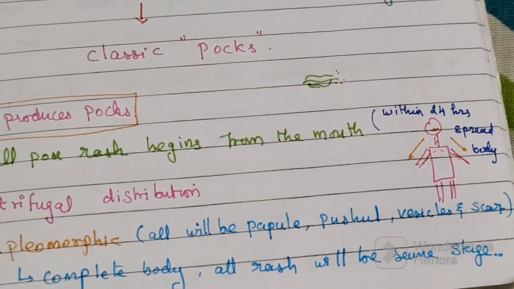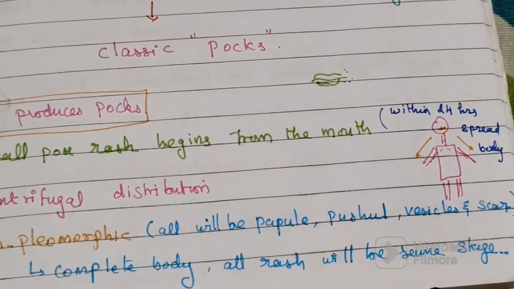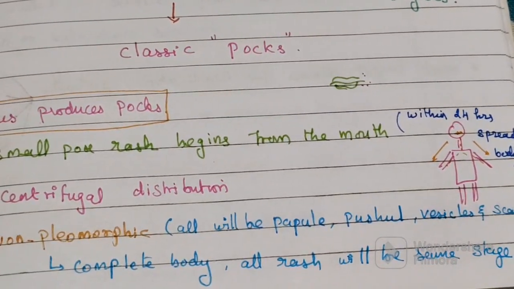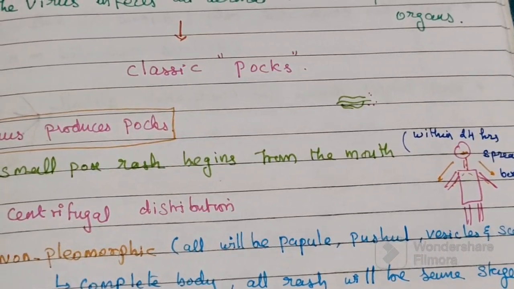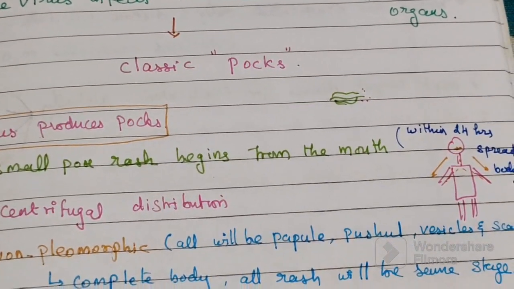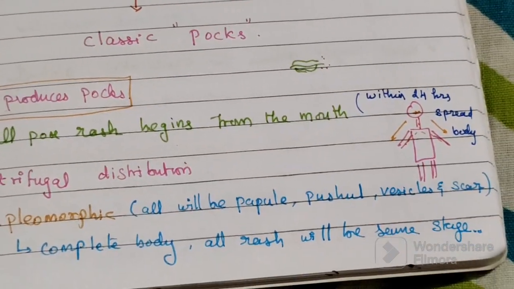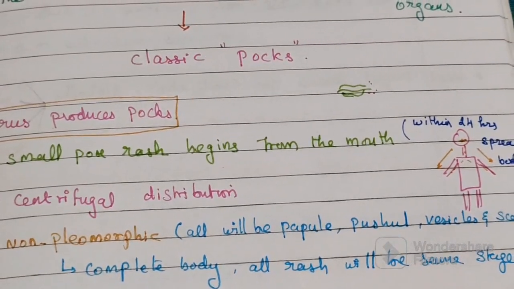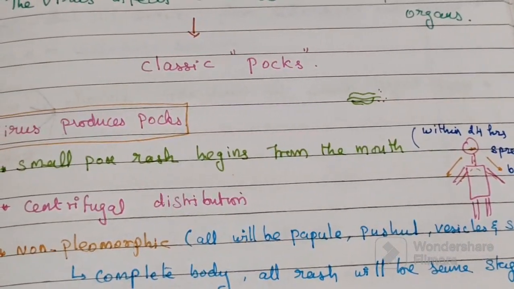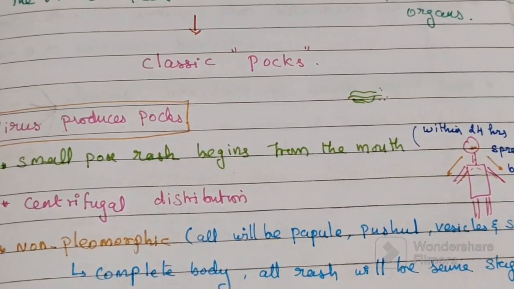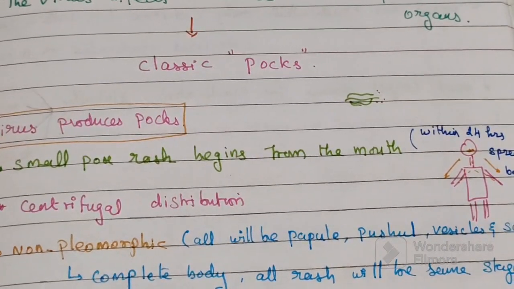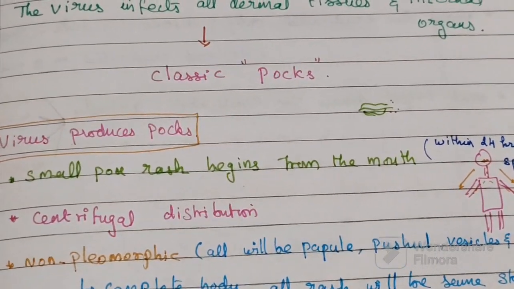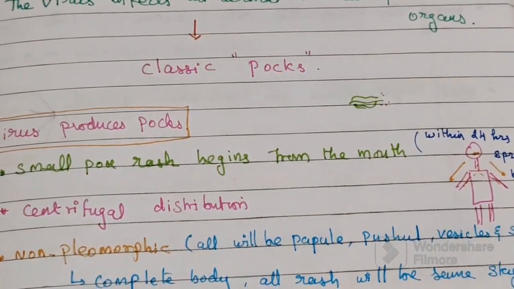Over the whole body, all the rashes will be in the same stage. All will be papules, then all will be pustules, then all will be vesicles, then all will be scars. For example, if it starts from papules, every one will be a papule, then all develop into pustules, then vesicles, then scars.